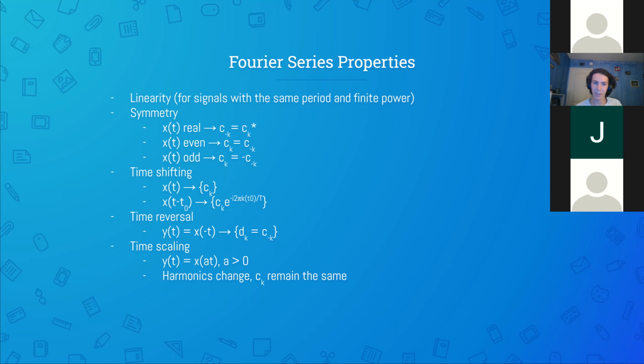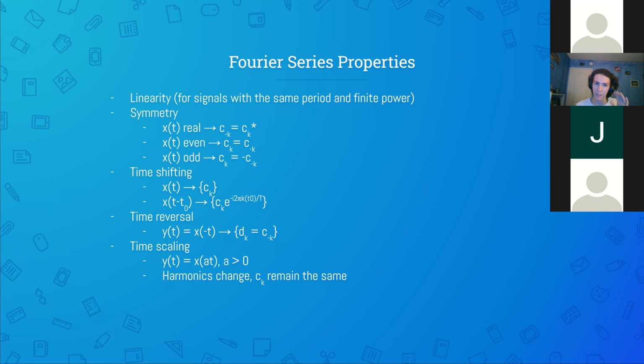This comes directly out of how even and odd functions interact with sines and cosines, and the fact that even functions are cosines and odd functions are sines. Sorry, yeah, even functions are cosines, odd functions are sines, I was right.